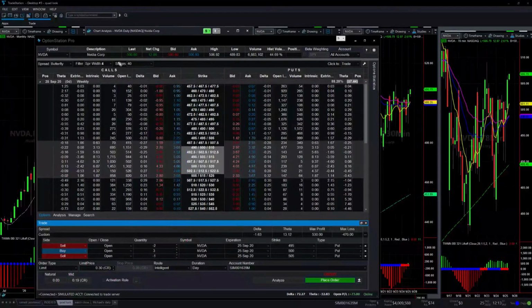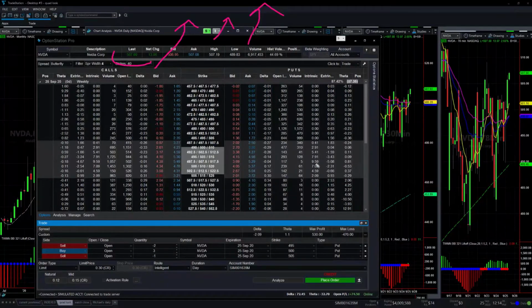If it continues to go up and stay above 505, 506, and just keeps going up, there's nothing for you to do except call your broker and let them know you're managing the trade, because you don't want them to close you out at market, which sometimes they will do. Especially on a big stock like Nvidia, they may do that. So you're better off just closing it out.